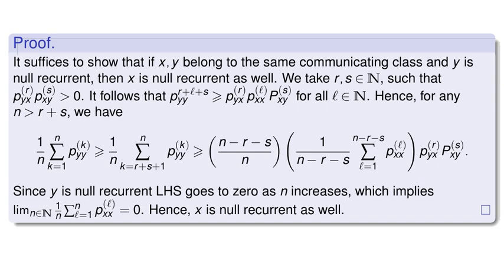For this inequality to hold, given that p_yx^r and p_xy^s are positive constants and n minus r minus s over n approaches 1, it implies that the limit as n goes to infinity of 1 over n times the sum from l equals 1 to n of p_xx^l must be 0. This is precisely the condition for x to be null recurrent. Hence, x is null recurrent as well.